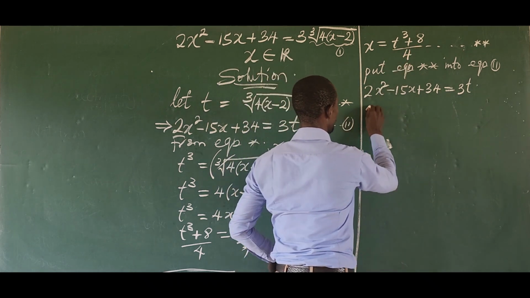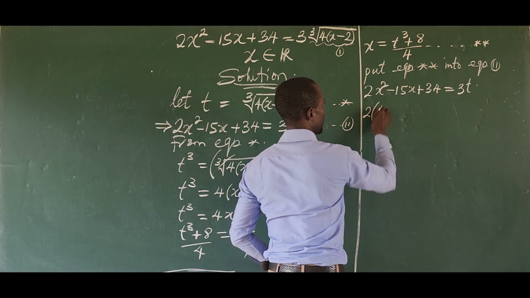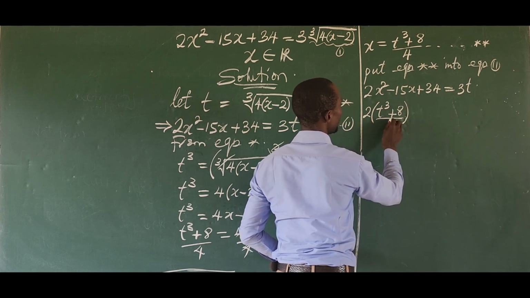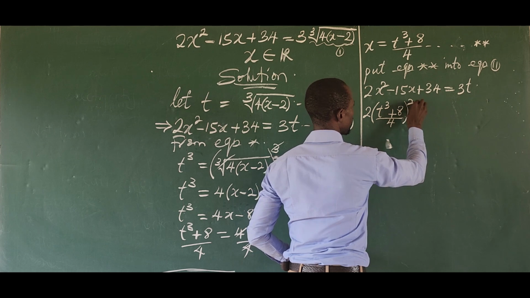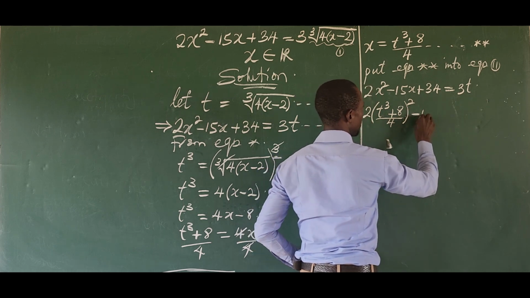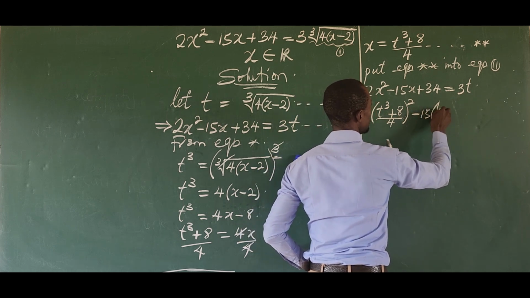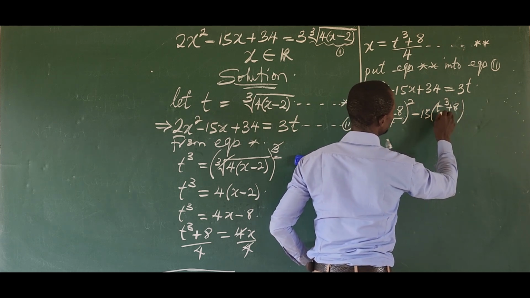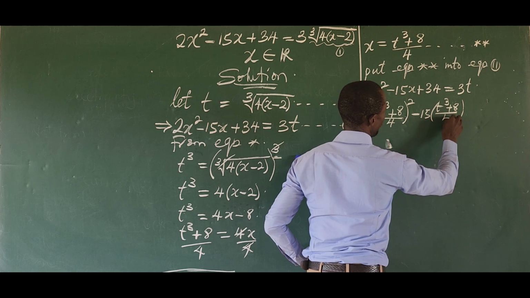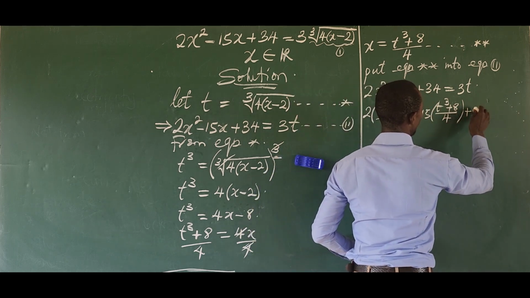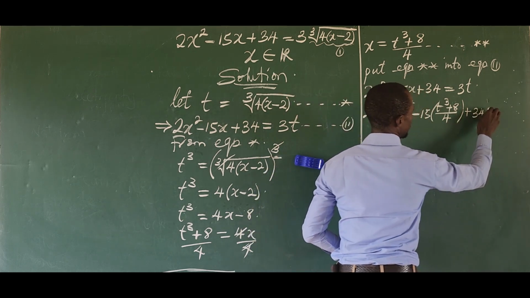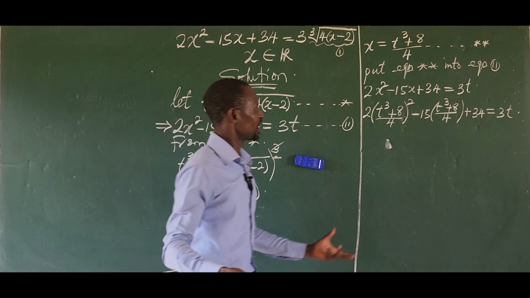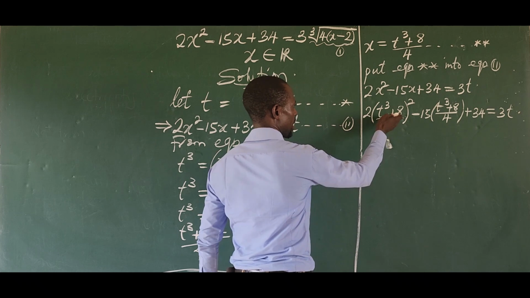So this is going to give us 2 into ((t³ plus 8) all over 4) all raised to 2, then minus 15 into (t³ plus 8) all over 4, plus 34, equal to 3t. Easy.